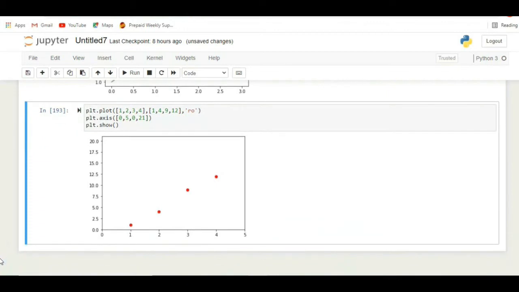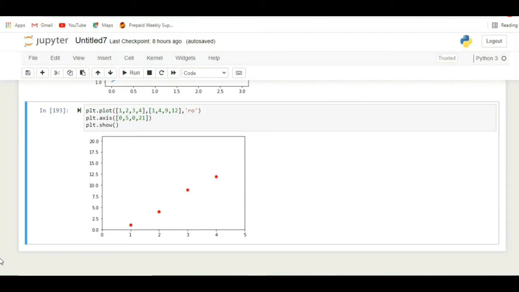Yes, the result is the same, but the length on the y-axis has changed up to 21. However, the red dots are in the same position.